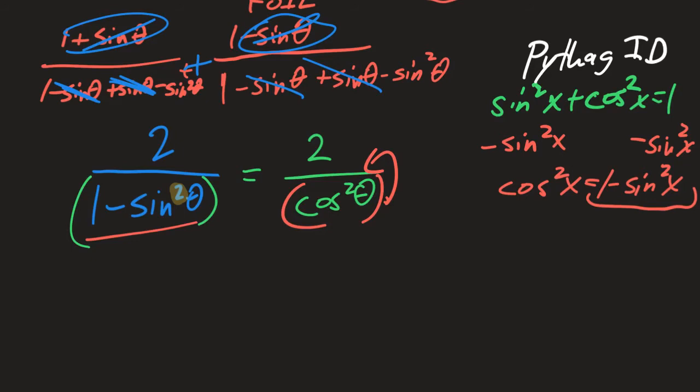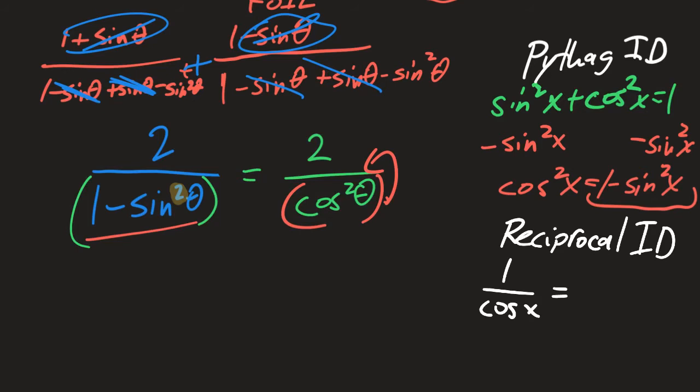The next identity I'm going to use is my reciprocal identity. That identity connects secant and cosine. So 1 over cosine is equal to secant. All I have to do is move this to the top and switch it to a secant instead.